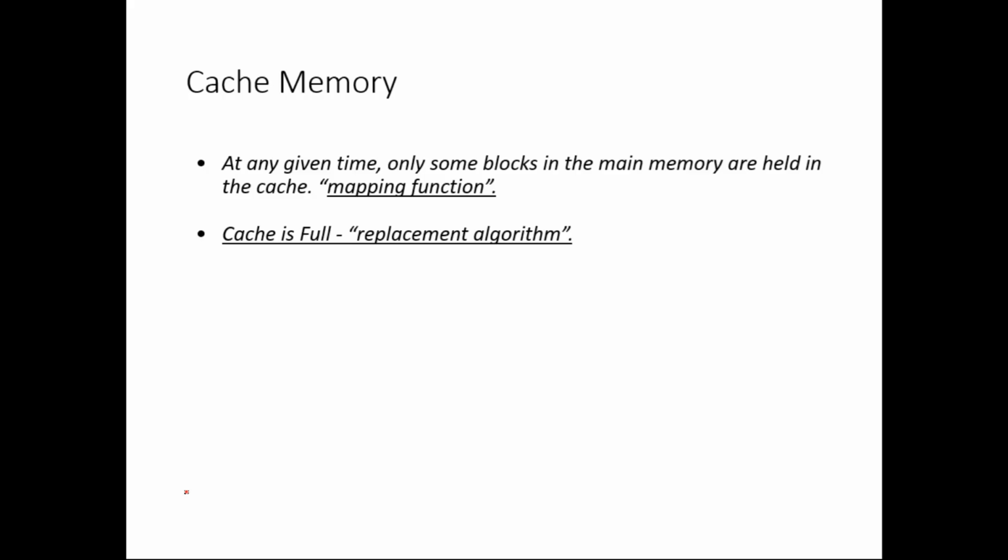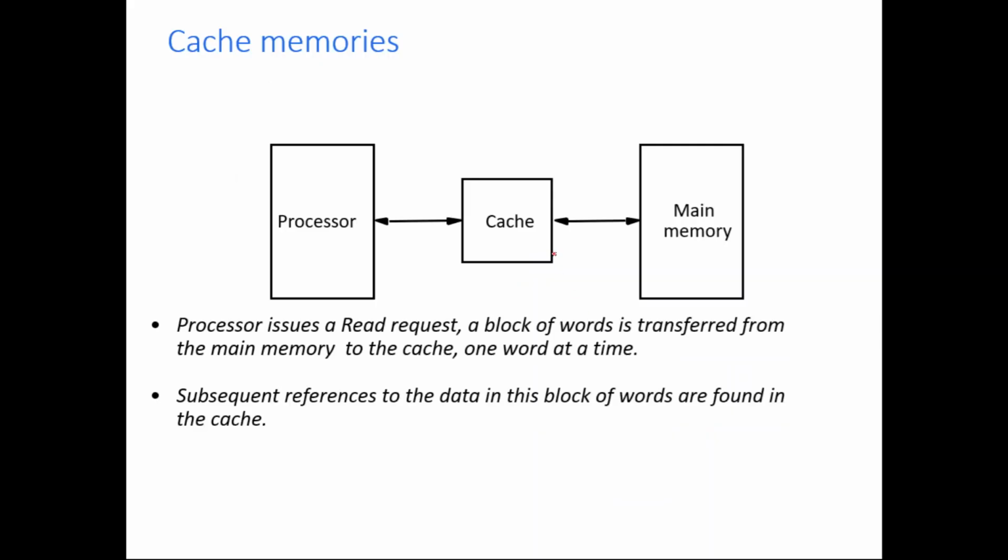So if you see what cache memory contains, cache memory contains some blocks of main memory. Block is nothing but a collection of words. But the size of the main memory is very big, so the entire main memory content you cannot keep in cache memory.